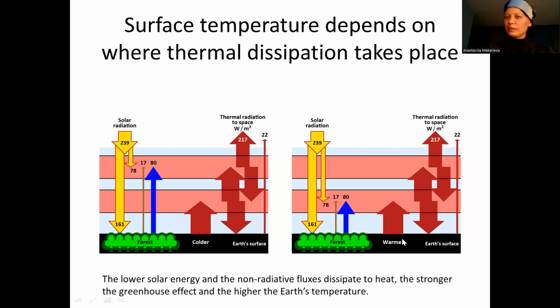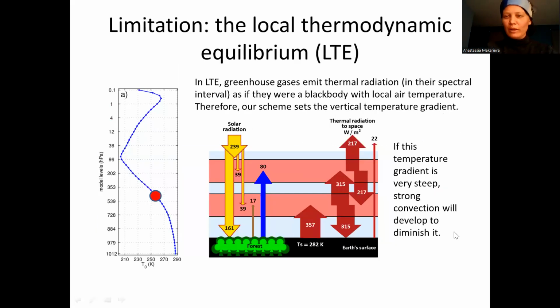Okay, and all this would be very, very good, but unfortunately the reality is not as bright as this, and as always it is more complicated. So we have a very important limitation, which has the scientific name of the local thermodynamic equilibrium. But we shouldn't be afraid of this.